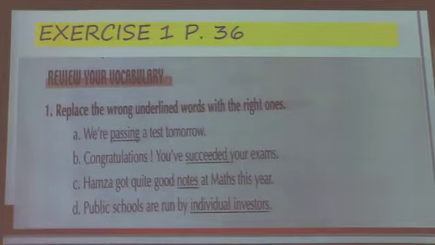Yes, we have verbs, we have nouns, we have phrases. So try to replace the wrong underlined words with the right ones from your minds. So for A, we have, we're passing a test tomorrow. As you know, to pass a test means to succeed. And here we're not going to mean succeed, but to have a test, okay?